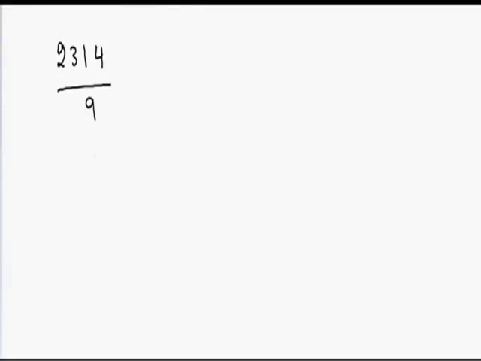In that case, we'll add all these 4 digits together. 2 plus 3 plus 1 plus 4: 5 plus 1 is 6, plus 4 is 10. If you divide 10 by 9, you will get 1 as a remainder. So your remainder would be 1 in that case.